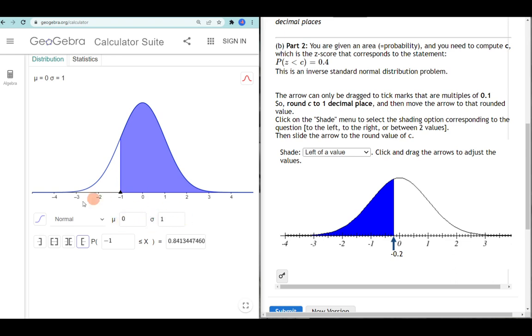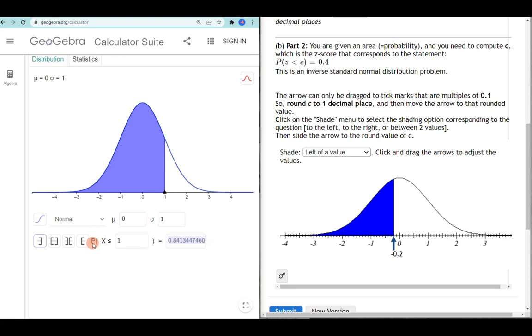So we're good here. This is the default, but it's good to check. So, because it is less than, I want area to the left, so I'm going to select area to the left. And I know that I want that area to be equal to 0.4. So I'm going to double click on this area, the part on the other side of the equal sign.